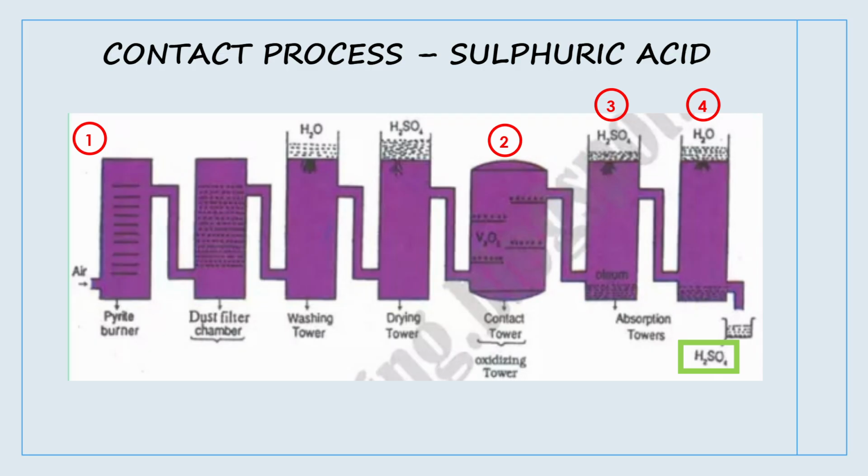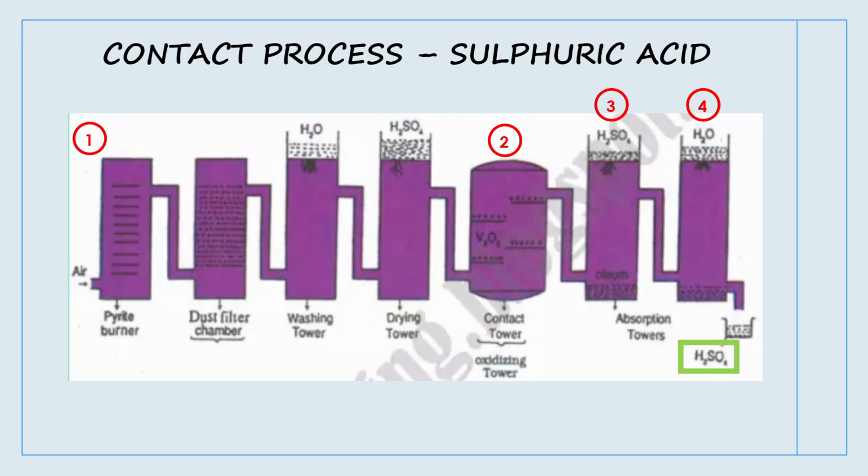For the first tower, as we already know, for the production of sulfuric acid some reactant or chemical must be used. So the chemical used here is pyrite. Since it is extracted from the earth, it must be burned in the presence of air. When it is burned, high temperature is needed. It means 400 to 500 degrees centigrade temperature is needed. Air is allowed in the system. Air means oxygen.